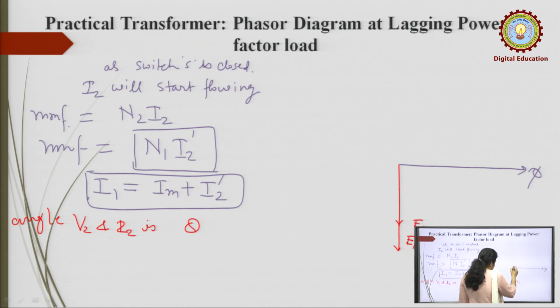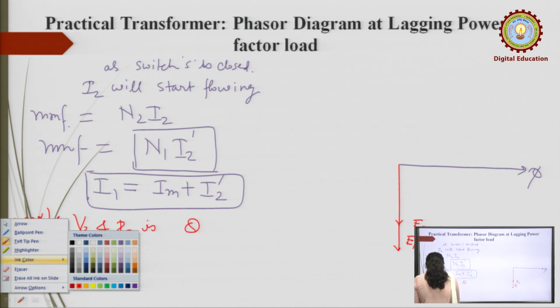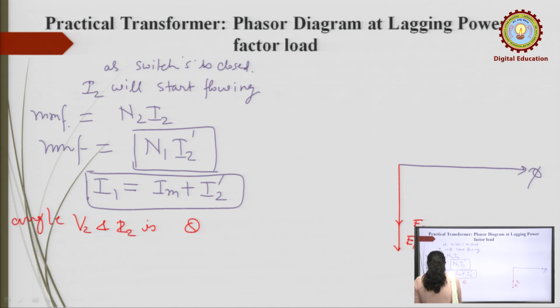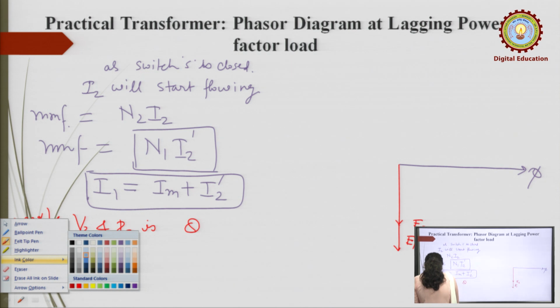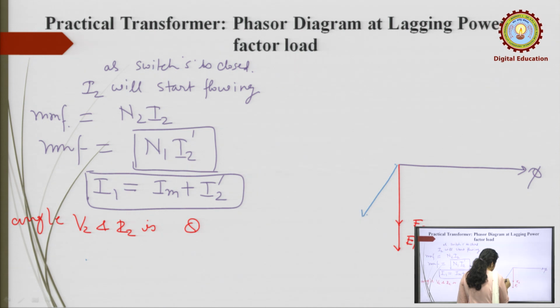Now, suppose this is V2 and this is I2 and this is theta.